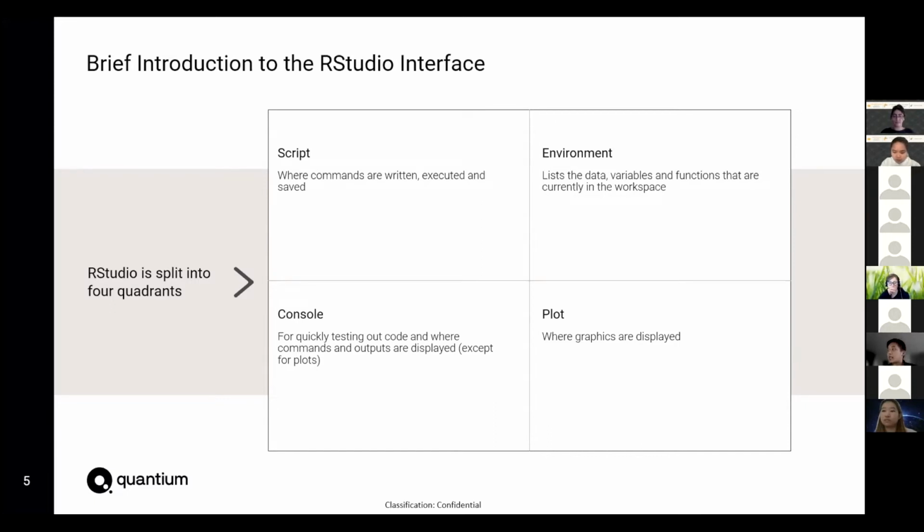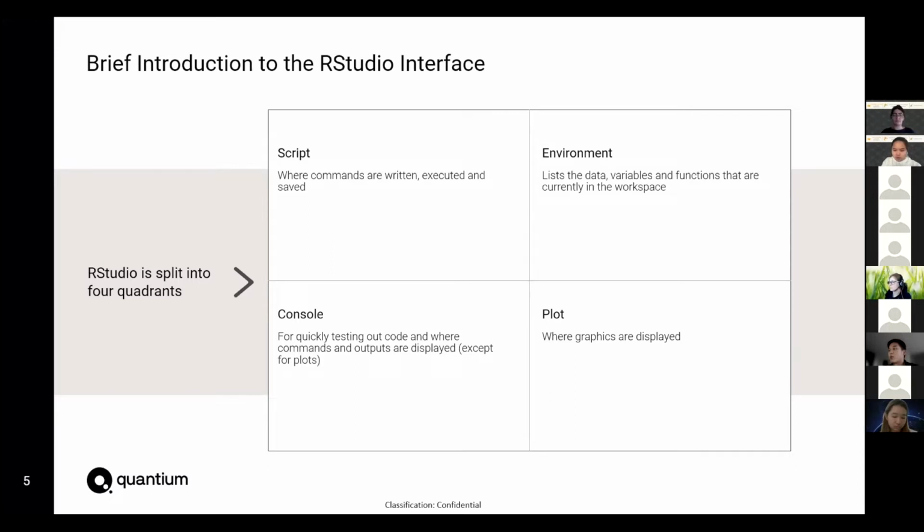The top right-hand side is called the environment. The environment shows you all the data, all the variables, all the functions that you have defined in your workspace. So for example, if you stored a value into a variable, that variable will show up in your environment, just to keep track of what you have in your existing working environment. At the bottom left, we have the console. The console is nothing more than a quick space for you to test out your code.